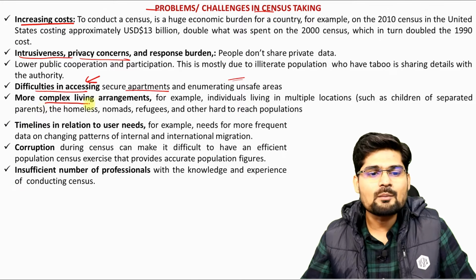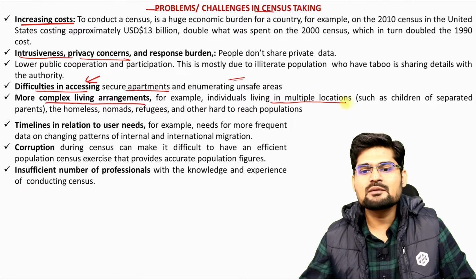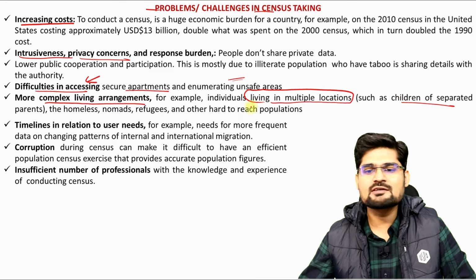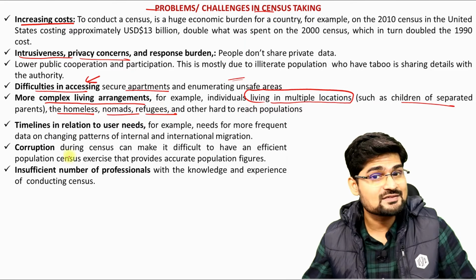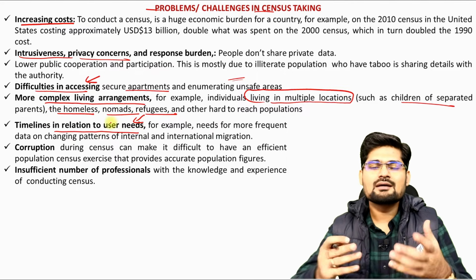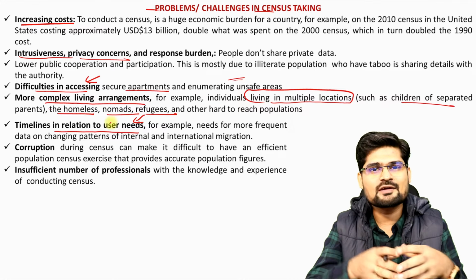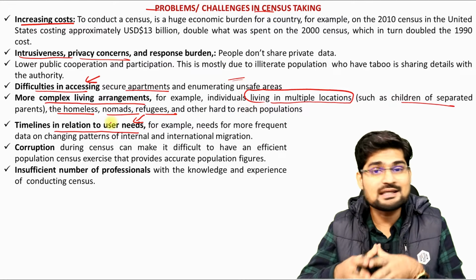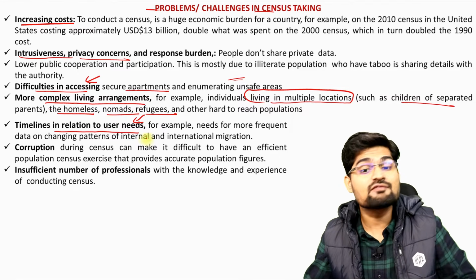Then more complex living arrangements have been in fashion, for example individuals living in multiple locations such as children of separated parents, homeless, nomads, refugees; there the census is very difficult. Then timelines in relation to user needs. For example, right now we are still looking into the 2011 census. It's been already 10 years. We do not have the data for 2021 yet. It means that in 10 years, many things would have changed multifold. So what happens?